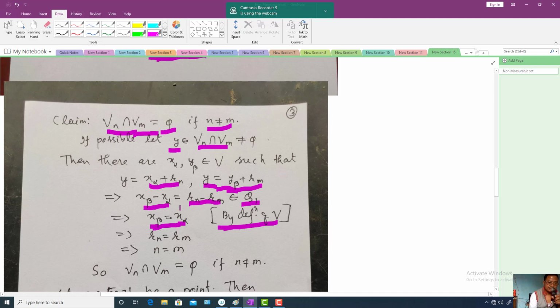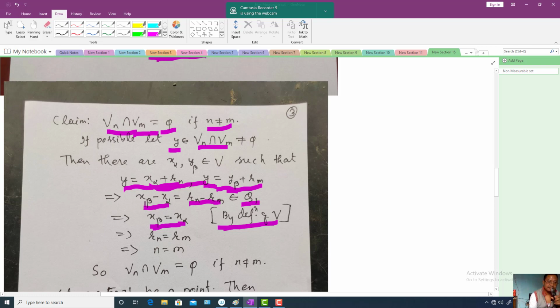All right, so let me explain again. From this you get x beta minus x alpha is equal to Rn minus Rm, but Rn minus Rm is a rational number and it is a member of Q1 also. So x beta minus x alpha is a rational number. That means x alpha is related to x beta, but x alpha is coming from E alpha, x beta is coming from E beta.